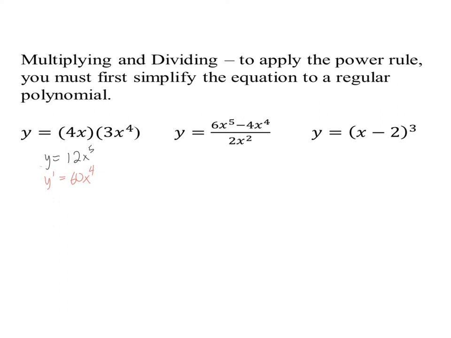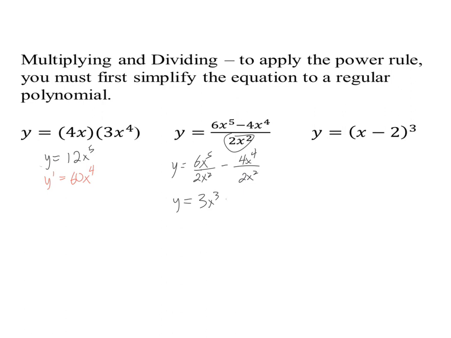So for the second one I've got on the screen, it's a division question, but because there's only one term on the bottom, we can simplify by dividing out each term separately. So this would be like 6x to the 5 divided by 2x squared, and then minus 4x to the 4th divided by 2x squared. So if we simplify each of those, we get 3x to the 3, right?